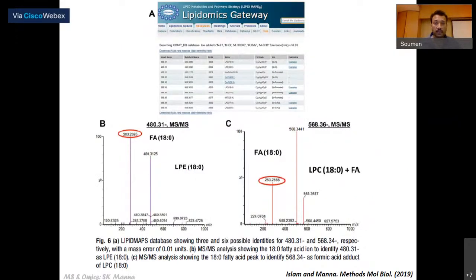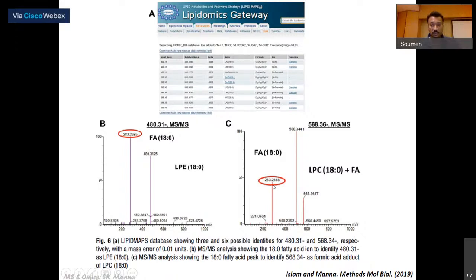For example, here we have given a search in LIPID MAPS for a mass of 480.31 and a 68.36. You can see that here there is, in the negative ion mode, this is LPE 18:0 for sure and nothing else, because it gives you the fragment for the fatty acid 18:0.